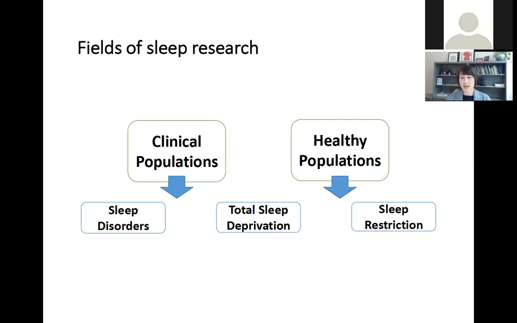Over on the right side, if you're doing research around healthy populations, you're more focused on this idea of chronic sleep restriction, or this idea that most people in our country aren't necessarily sleep deprived, they're just not getting enough sleep. So they're restricting themselves, or because of work or stress or other factors, are getting lower amounts of sleep, maybe in the 4 to 6 hours a night range. We would call those people chronically sleep restricted.